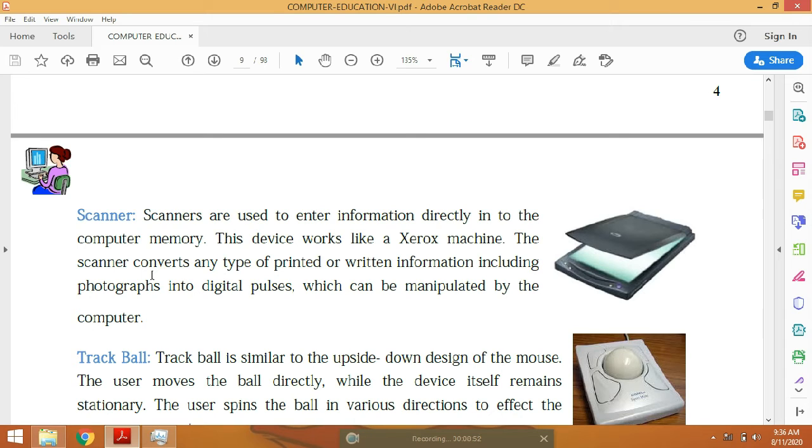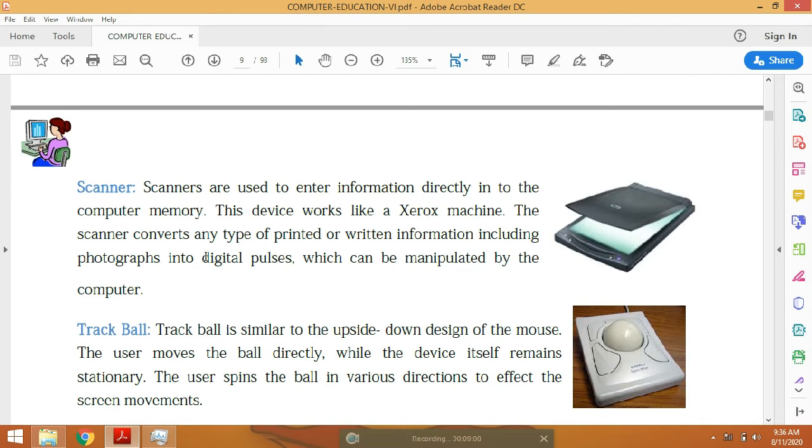The scanner is used to read out the information that is printed and convert it into digital form. Whatever hard copy of the information you have, to make it digital again, we use the scanner.